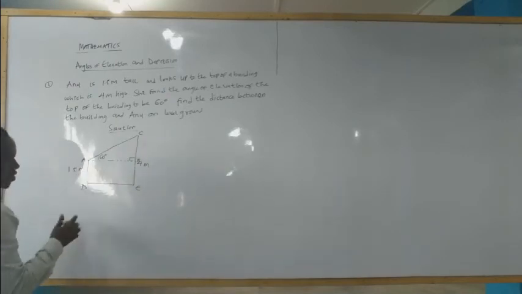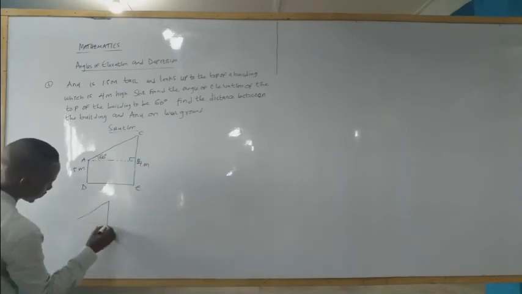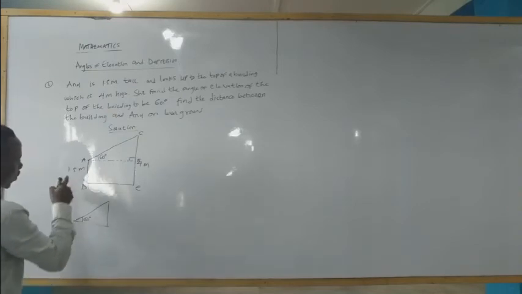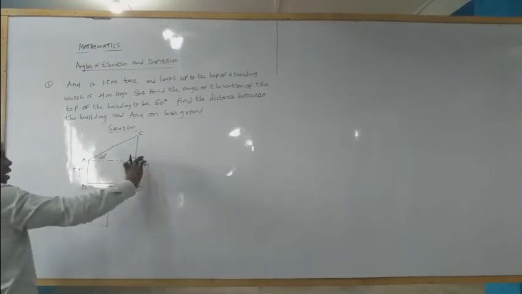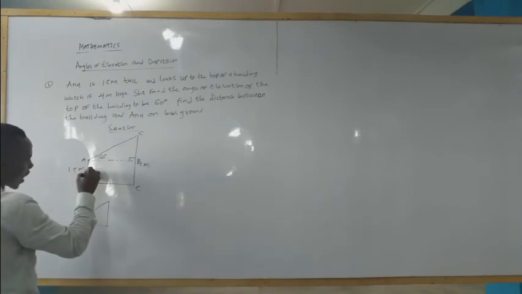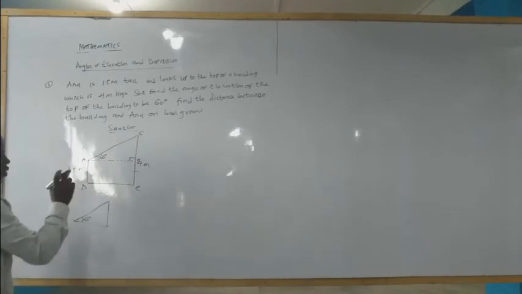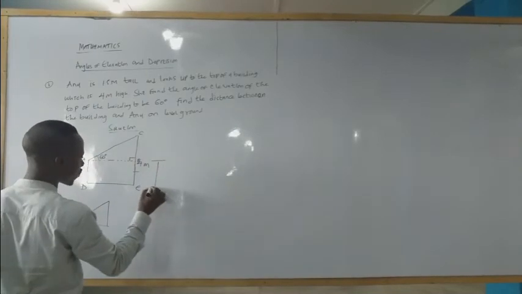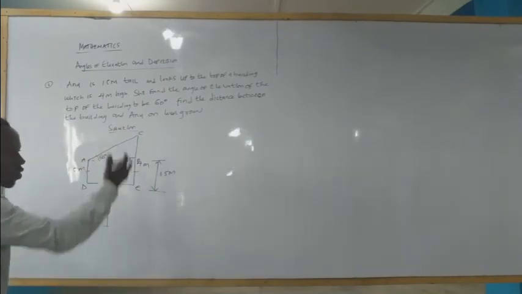We can bring out this, 60 degrees. I know it's 1.5 meters tall, meaning that this one forms a rectangle. In a rectangle, opposite sides are equal, meaning that this side and this side are equal, and this and this are equal. So this side here will then be 1.5 meters on the building.